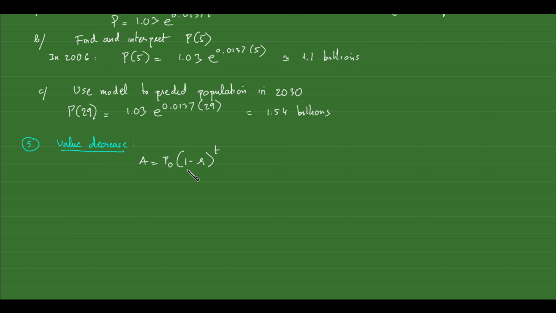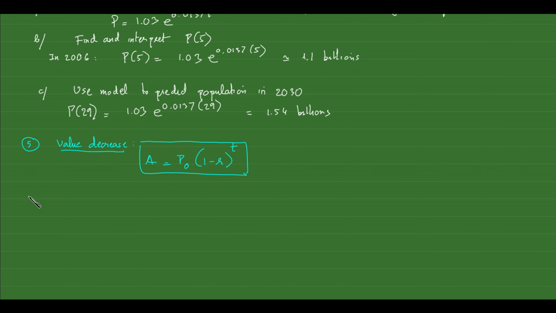If it increases, then it will be 1 plus r. Remember, the compound one is the increased value, but the decreased value will be this. So A equals P0 times 1 minus r raised to the t. There you go.